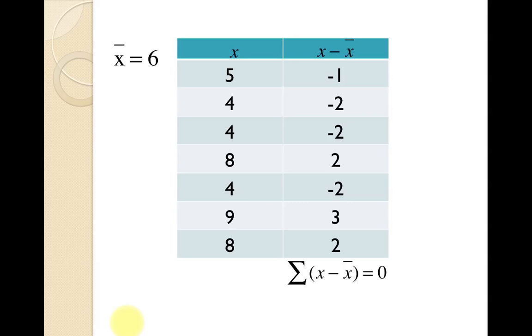It turns out that if we do this for any set of numbers, if we take all the numbers in the data set, find the mean, subtract the mean from every number in the data set, and then add up this column, no matter what our starting numbers are, we will always come out with 0, no matter what.